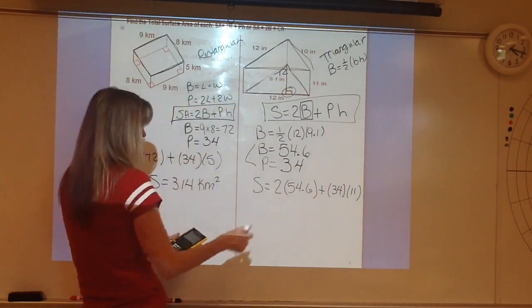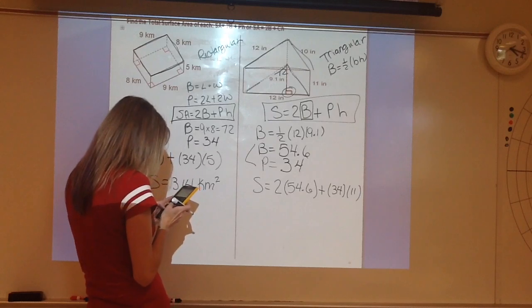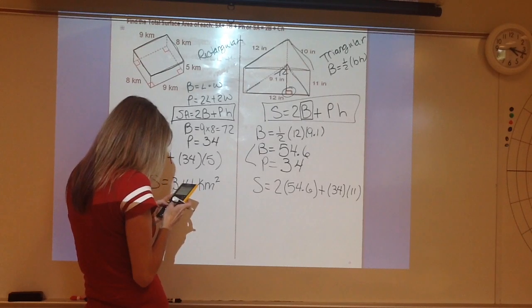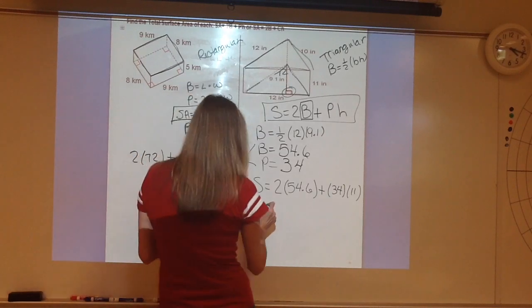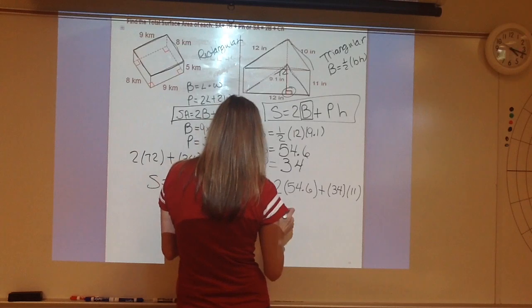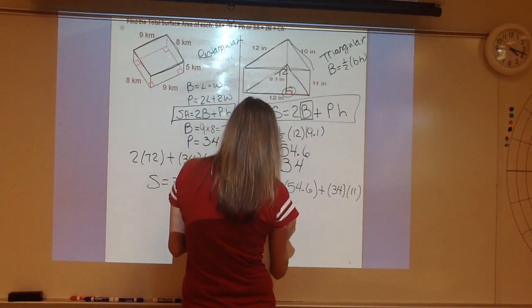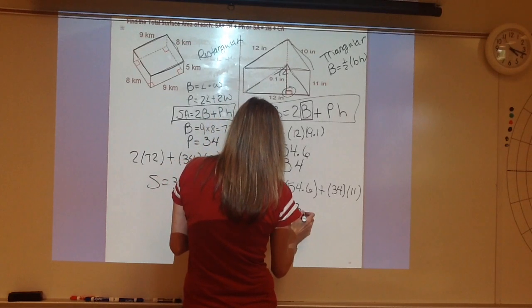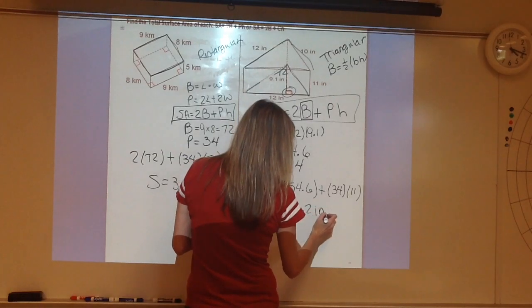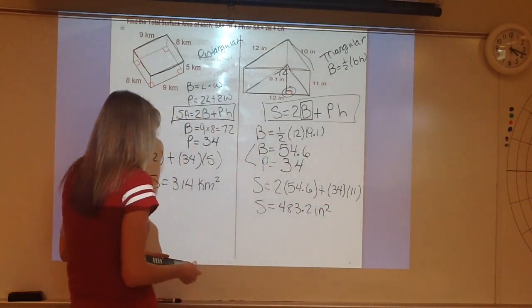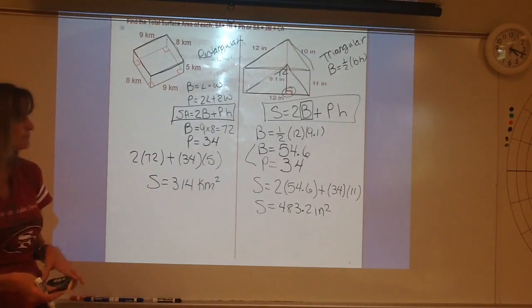So I'm going to put this in my calculator. And I got the total surface area of this triangular prism to be 483.2 inches squared, or square inches, because area is always square.